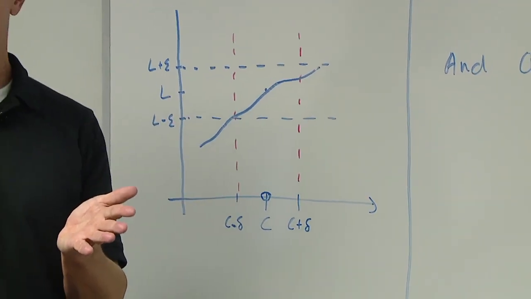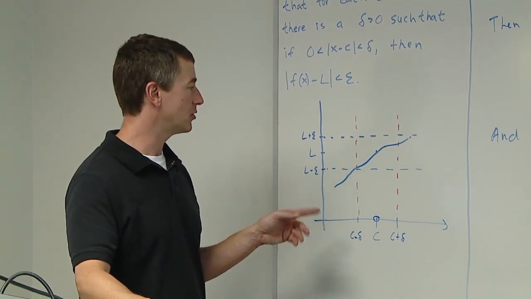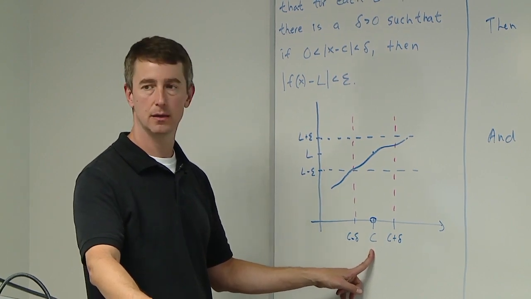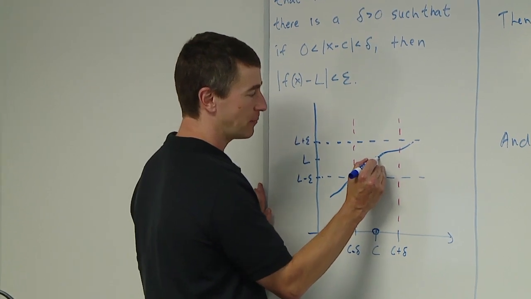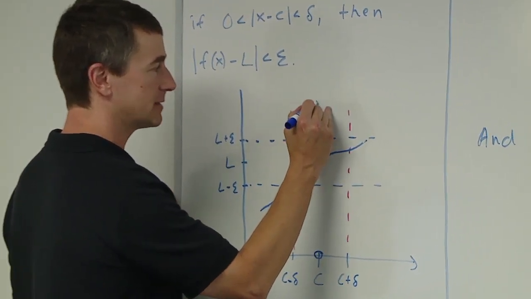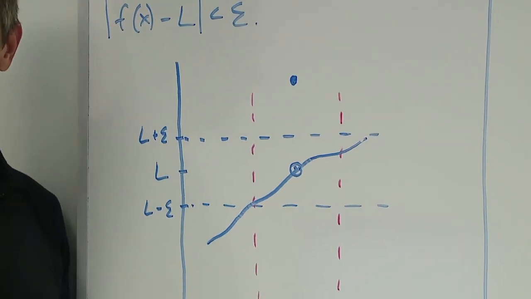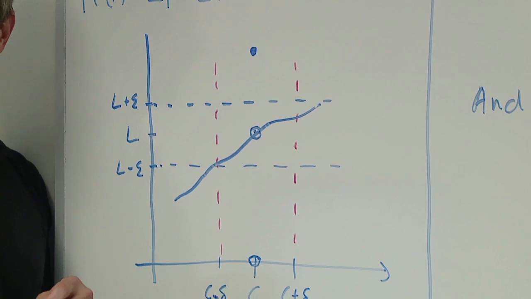And that goes along with what we said last week, right? Because what do we care about? Do we care about the value of the function at 3 or near 3? Near 3. Only near 3. So in fact, if I change this picture and I put a circle here and I put some point up here for the value of the function at 3 or at c, have I changed the limit?